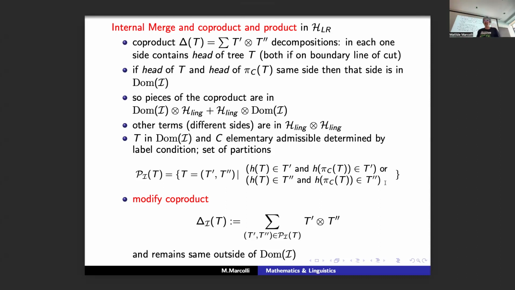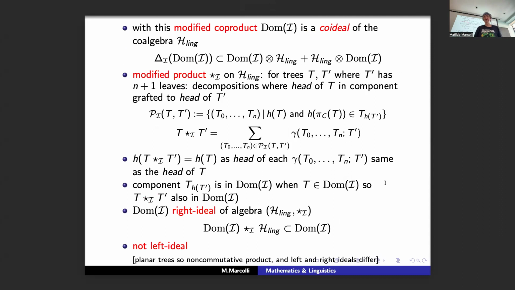And if you do this, then you get something which is compatible in the sense that if you apply the coproduct to the domain, you get something that is a co-ideal in the Hopf algebra. So a co-ideal means that it's something of this form: when you apply it to the domain, you get something where either one side or the other is still in the domain. This is the co-ideal condition for a Hopf algebra.